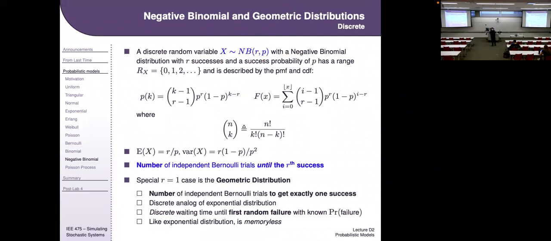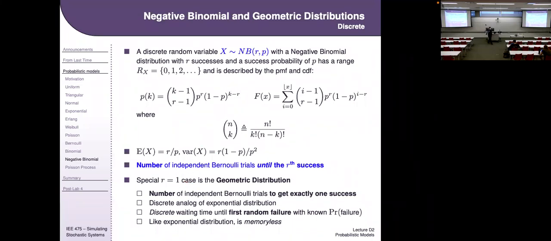And I don't know how many total I'm going to get. So I'm asking how many total do I need to go in order to get that many of the special event? And that average is going to be R divided by P. They're very similar here. So from binomial to negative binomial, and then geometric is the very special case where we're only looking for one special type of outcome.